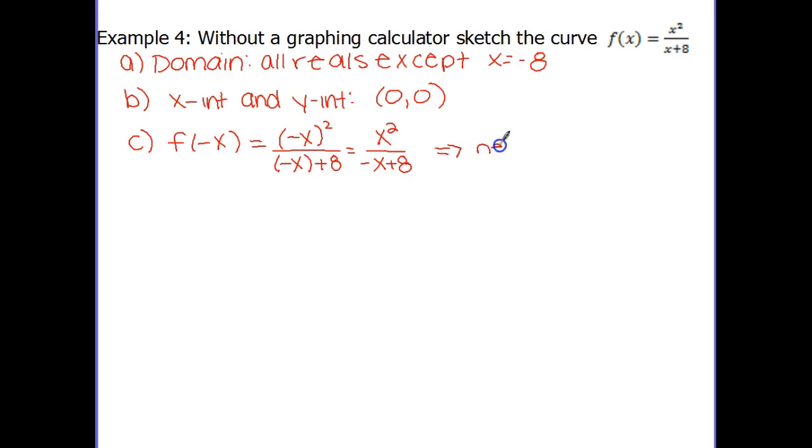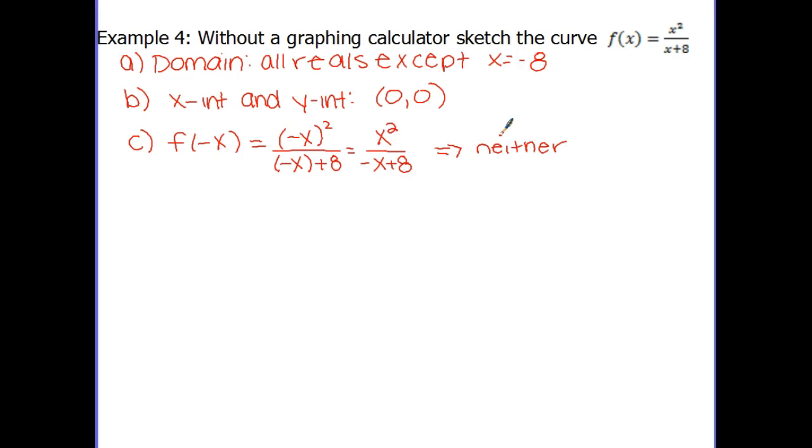Therefore, this is neither. The reason you check for it is it tells you about symmetry. If it's even, then you can cut it down the y-axis, fold it on top, and we're good. If it's odd, it's cut, fold, fold. So really we don't have any help with that.